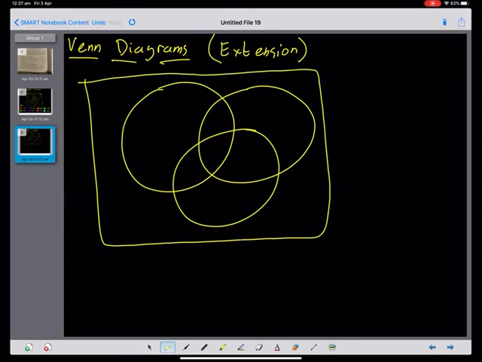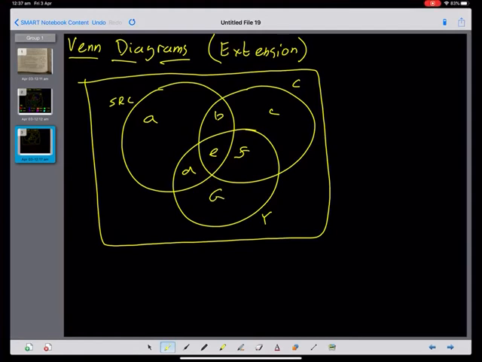Okay, that's much better. So we've got the SRC, we've got the chess club, and we've got yoga. Now, different people do these different ways. I like to define each region. So A, B, C, D, E, F, and G.